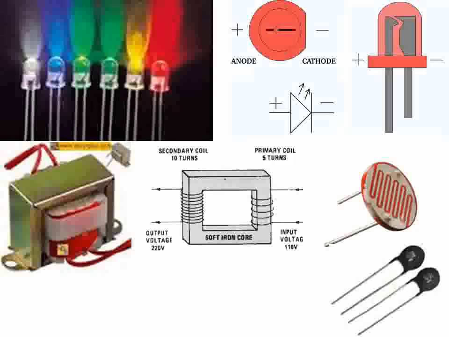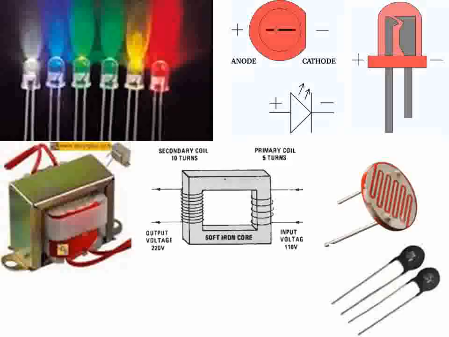On increasing the number of turns on the secondary coil, the figure shows 10 turns, and more turns means it gives more voltage in the output, that is, an output voltage of 220 volt.